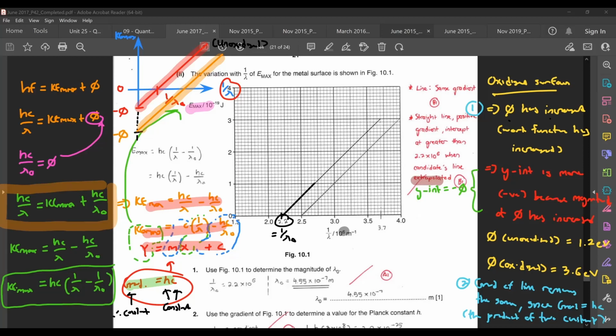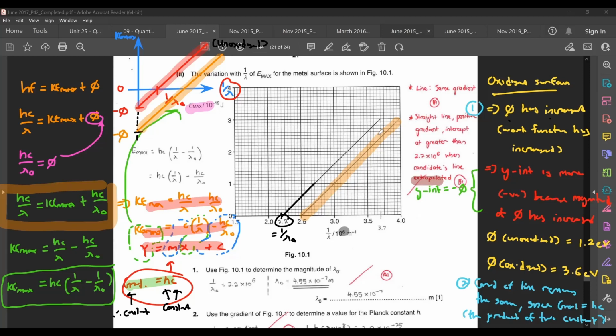You should still get a line with the same gradient as before. It should be parallel. Like right now, you could probably draw something like this. Just make sure it is parallel to the original one.